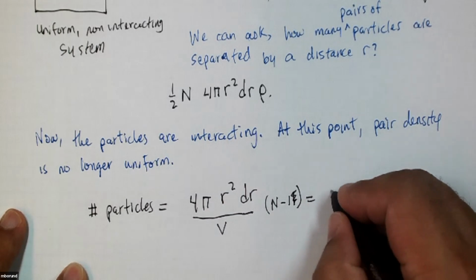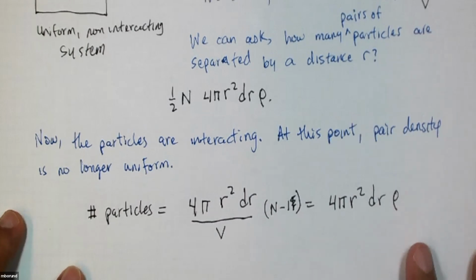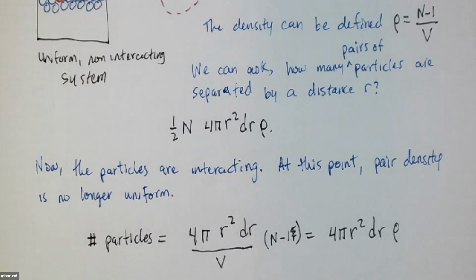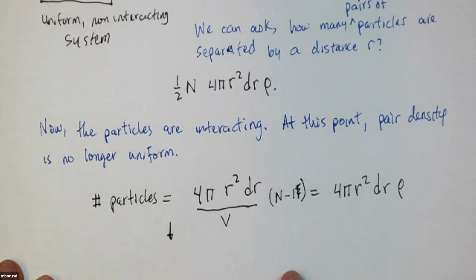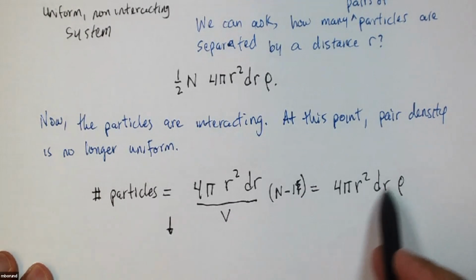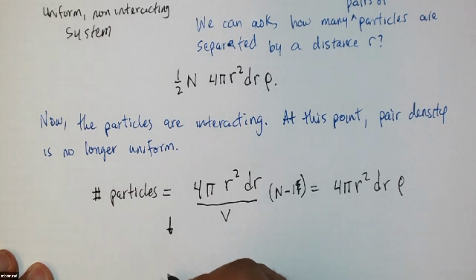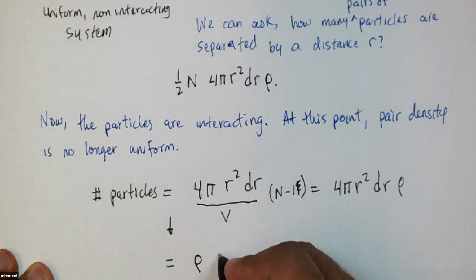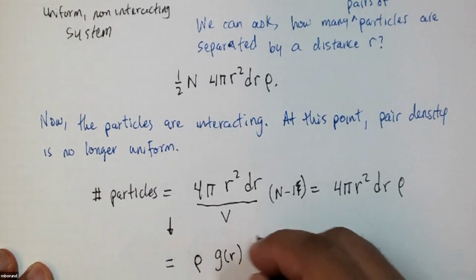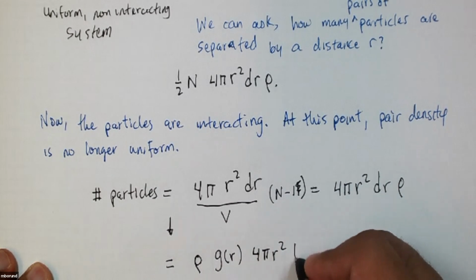And this is the same as 4 pi r squared dr times the density. Now we have a system. We have this density here, we have the 4 pi, all of that. And this number of particles is going to be this density, some pair correlation function g of r, and the 4 pi r squared dr.